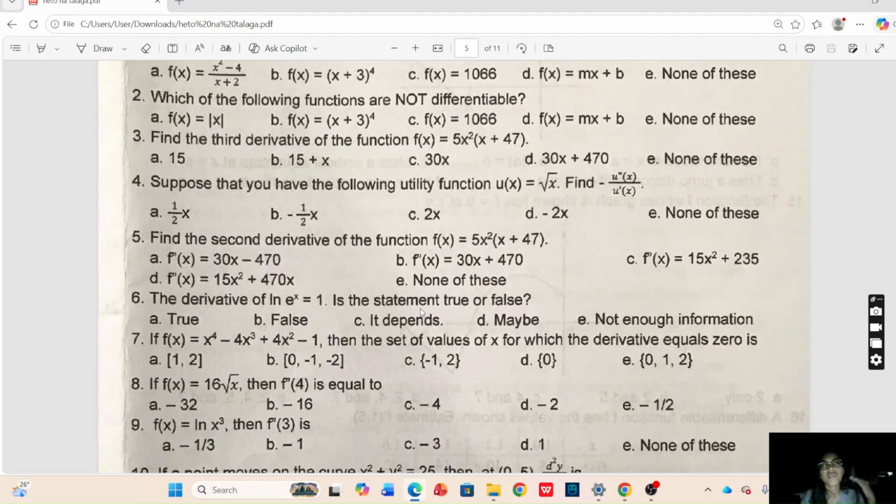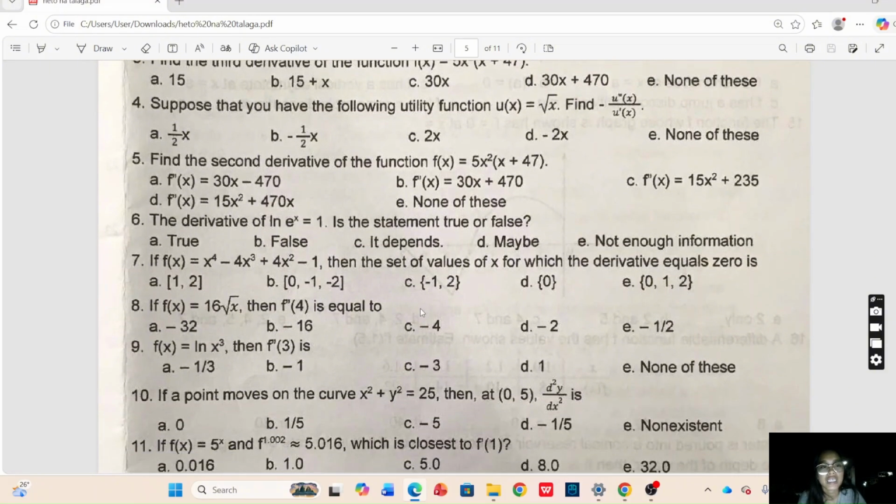And for the third derivative, we have to derive the second and then derive it again to arrive at the final derivative. So the expression connected to the third derivative process among the choices is letter D. That's why the answer is letter D.